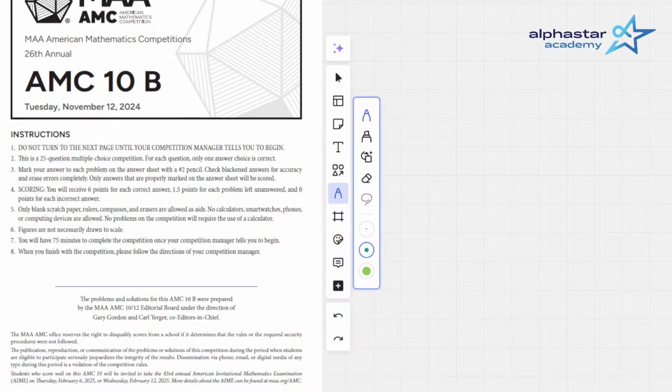Okay, just give me a second to figure out where the boundary is. It's about here, I think. Alright. Let me set up a 75-minute timer, and then we'll get right started.